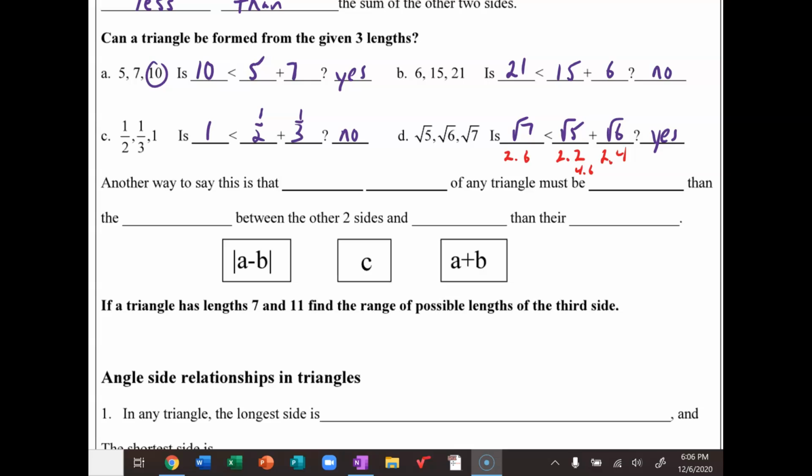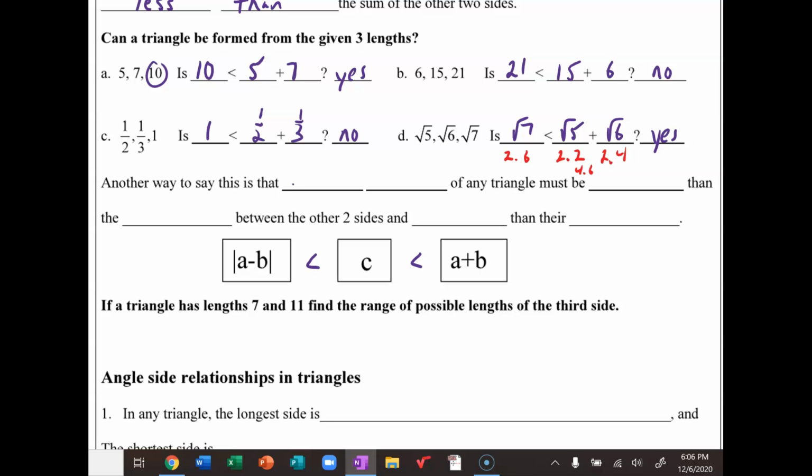And that's what I have right here. I just don't have the inequalities. So any side must be greater than the difference between the other two sides and less than their sum. So let's look at that and see what exactly that means. I know it gets a little confusing, but let's first fill this out.